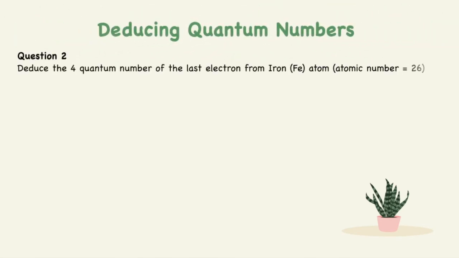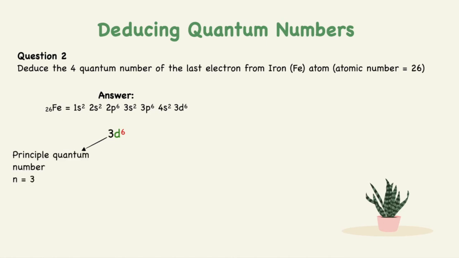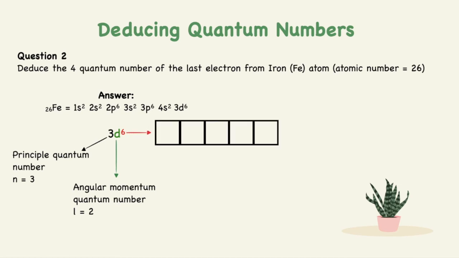Second case, we have iron with 26 electrons. We will make the configuration first, like before. It will end in 3d6. So from 3d6, the 3 represents the principal quantum number, and n will be 3. The next is d. Because it is d, the angular momentum quantum number will be 2. And for the 6 electrons, we will draw first.